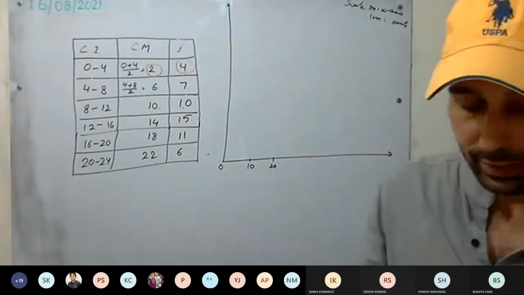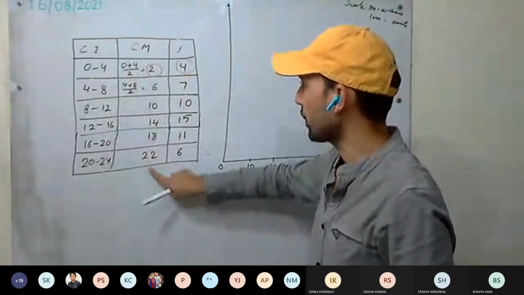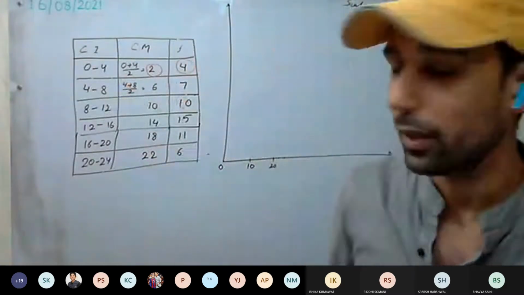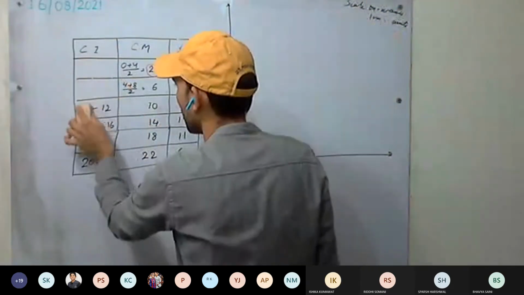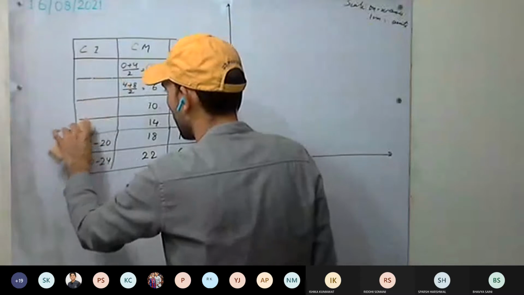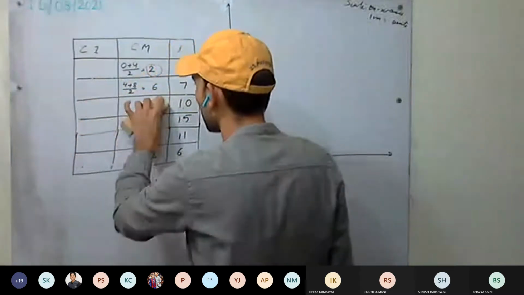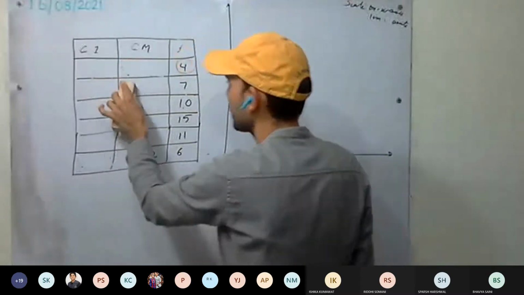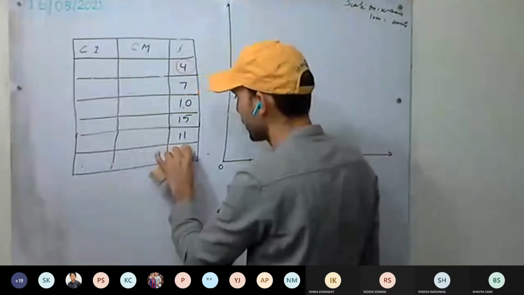So draw the second one. Everyone draw. The class intervals will require class mark and frequency. First you need to check whether the class intervals are inclusive or exclusive. They are exclusive, so we don't need to convert them. We can use them straightforward.